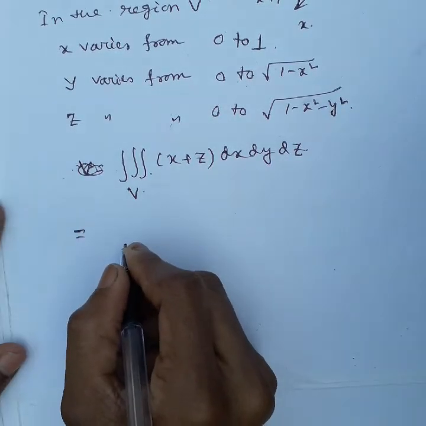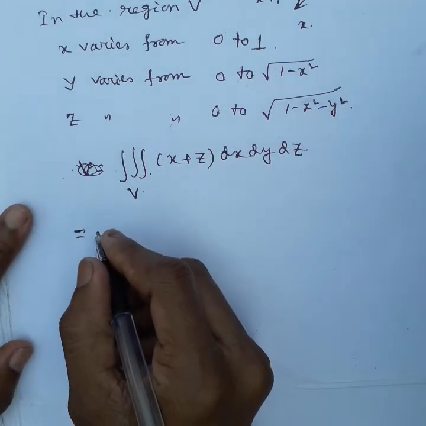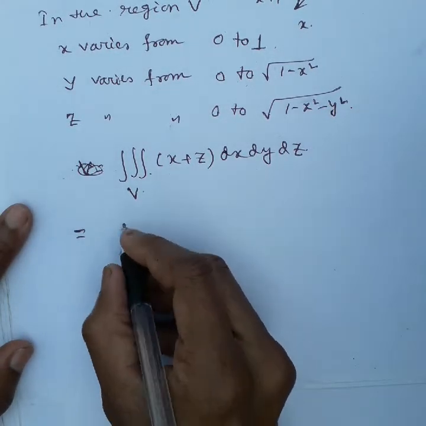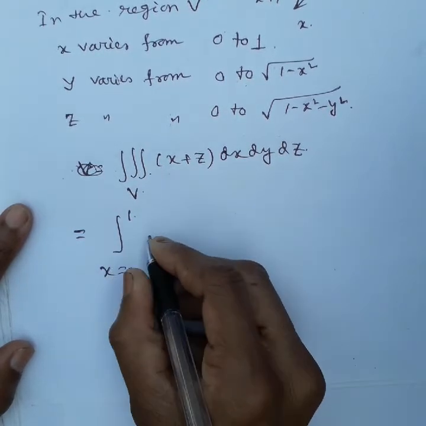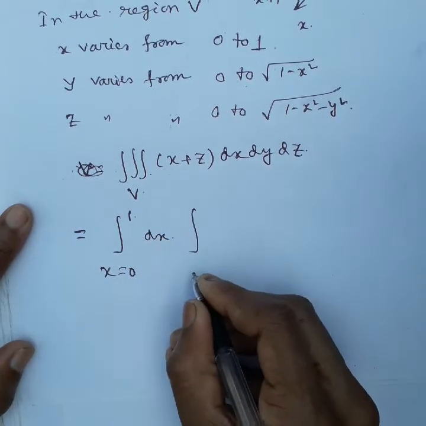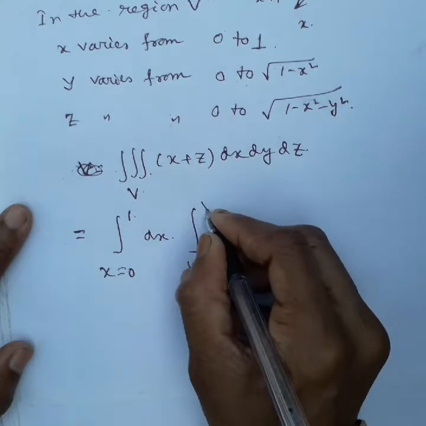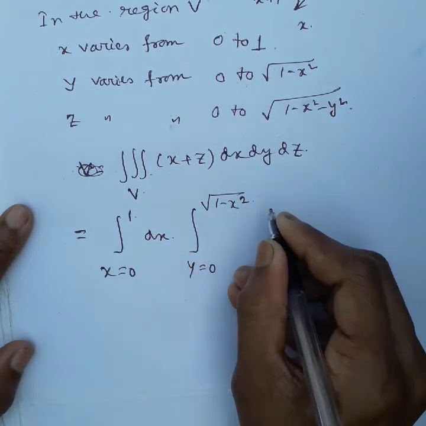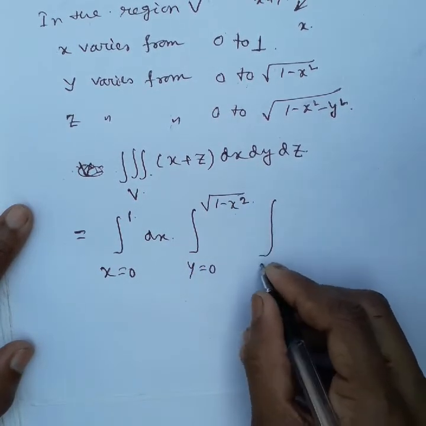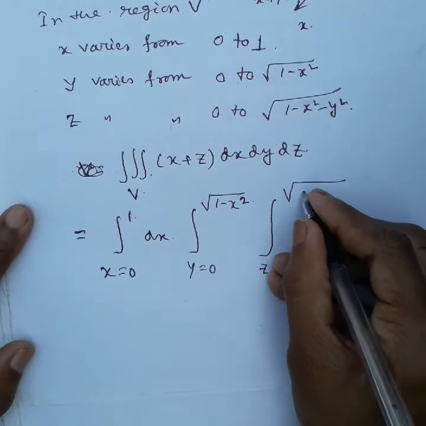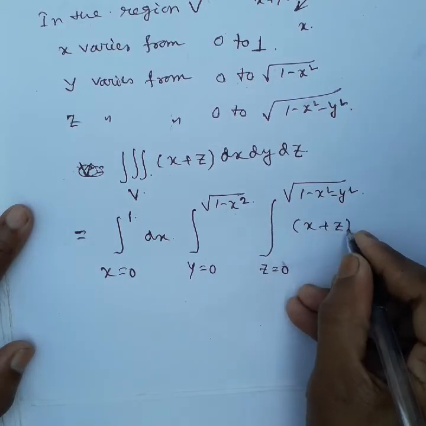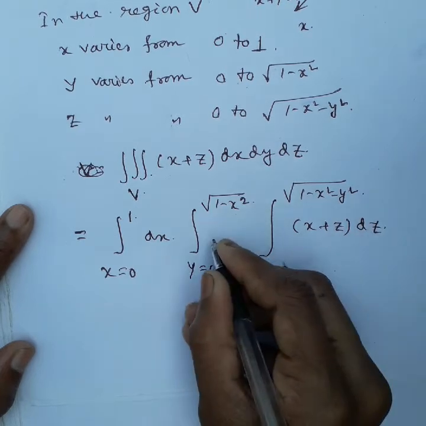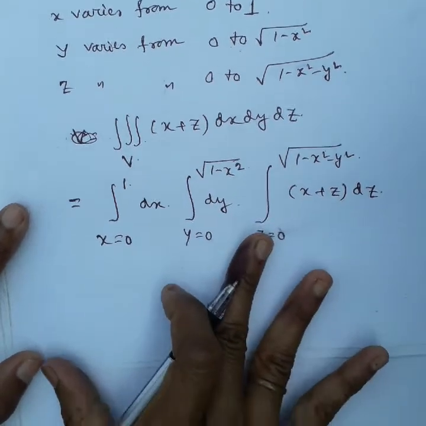This is equal to, for x equals 0 to 1 dx, for y equals 0 to root over of 1 minus x square, and z equals 0 to root over of 1 minus x square minus y square of x plus z dz. Here it is dy.